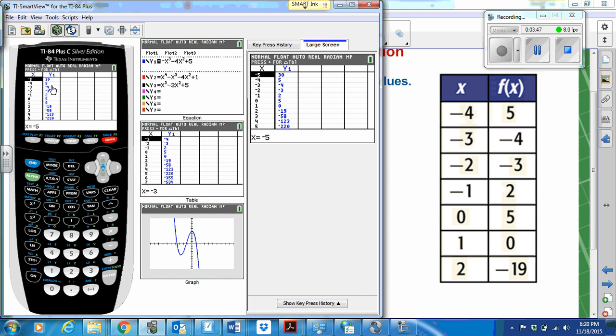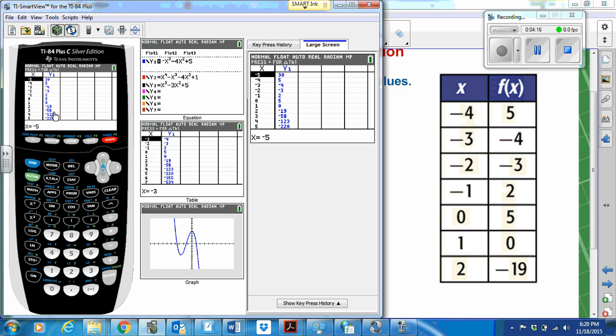Then when you get to -1, you plug in -1, you now have a positive value. We know that between -2 and -1, it has to pass the x-axis again. And then let's look at where the sign is. At 0 and 5, the actual value is 0. So at 1, we have one of our solutions.